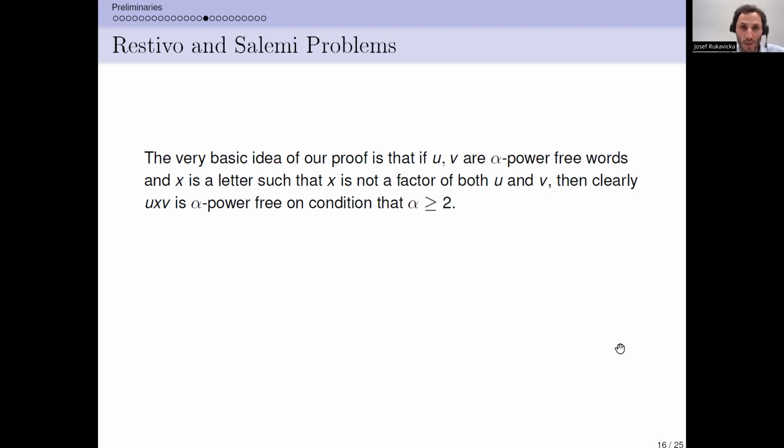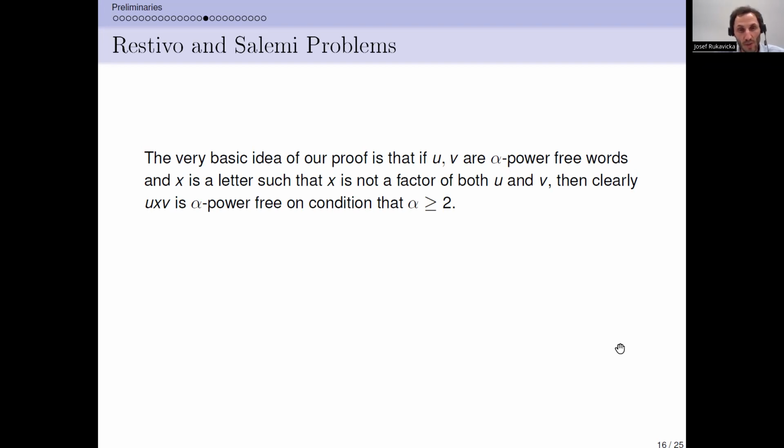So what is the difference regarding this very basic idea? Fortunately, the difference is not that huge, because if you consider some factor which is sufficiently long and which contains some occurrence of the letter x, then you can easily show that sufficiently long factors are still square free, because if you want the factor not to be square free, then you need to repeat the bunch of the occurrences of the letter x.